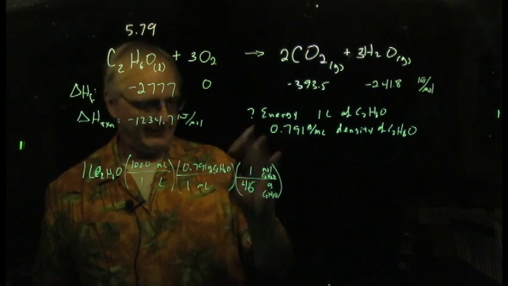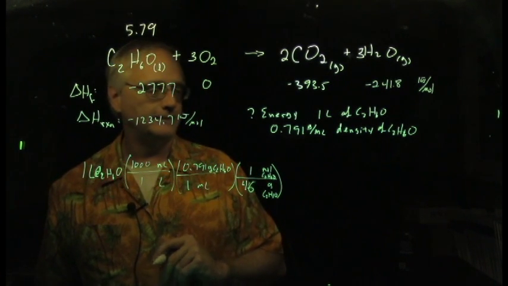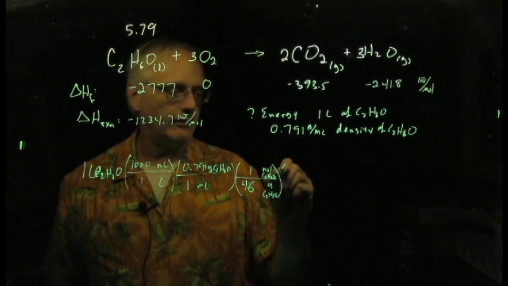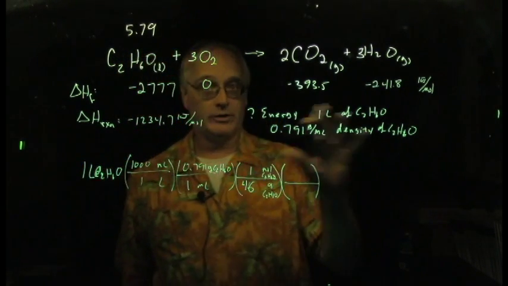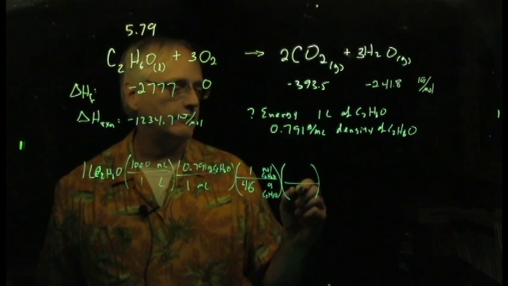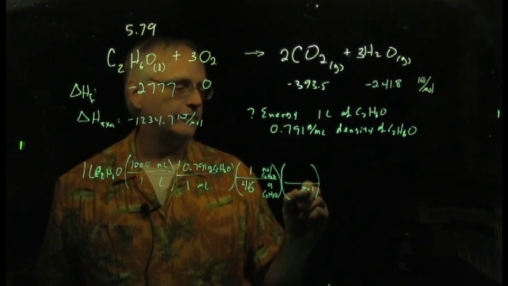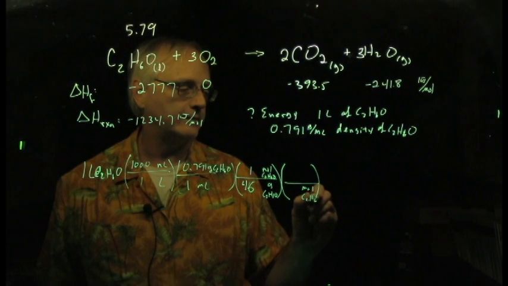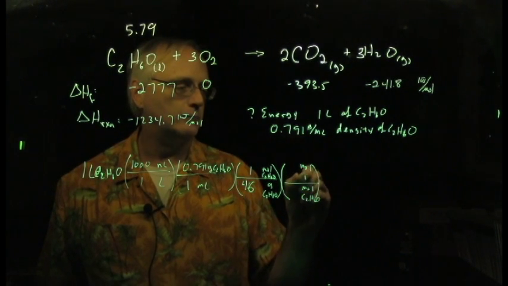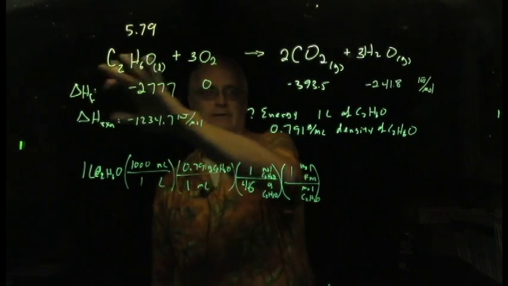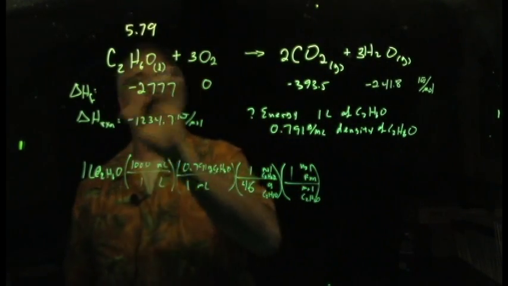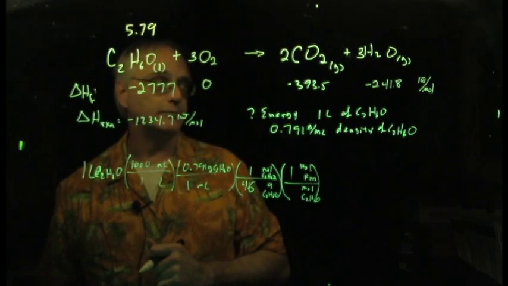All right, so now we have the number of moles of ethanol. Now, in my way of doing these types of problems, remember, when it's an energy calculation, how much energy, it's an energy stoichiometry problem, I convert moles of our reactants or products into what I call moles of reaction. 1 mole of reaction is involved in every chemical reaction that is written with the smallest whole number coefficients possible.